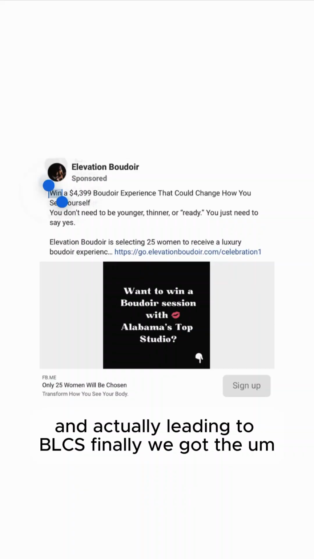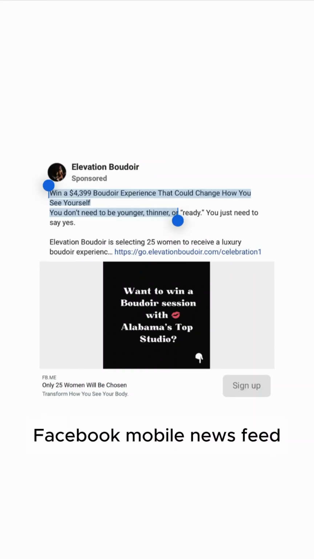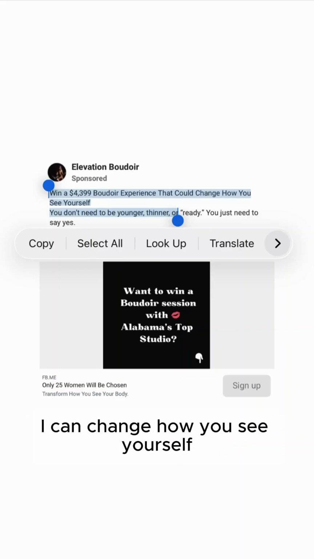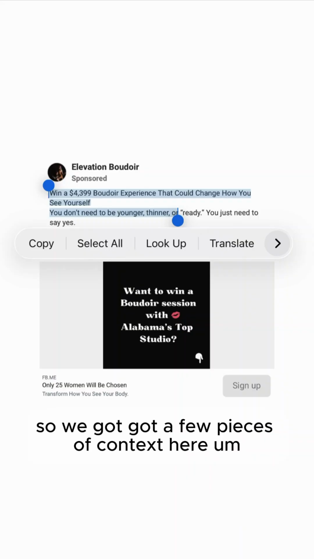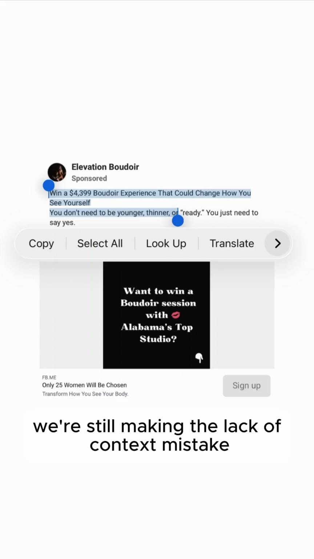Finally, we got the see more headline, first 2 3/4 lines, Facebook mobile news feed. Win a $43.99 Boudoir experience. It could change how you see yourself. You don't need to be younger than it. All right, so we got a few pieces of context here, but we're still making the lack of context mistake.